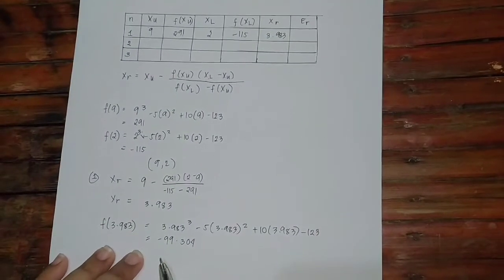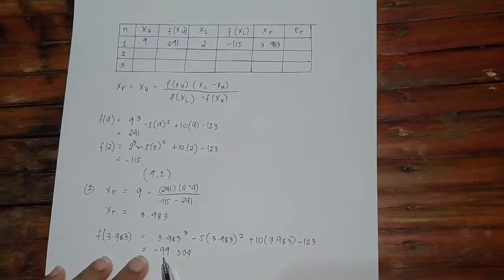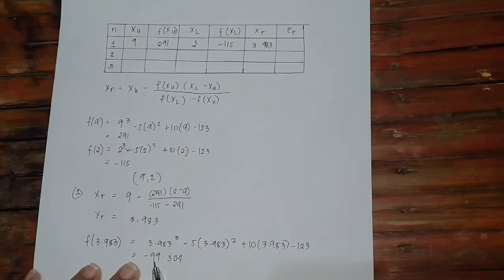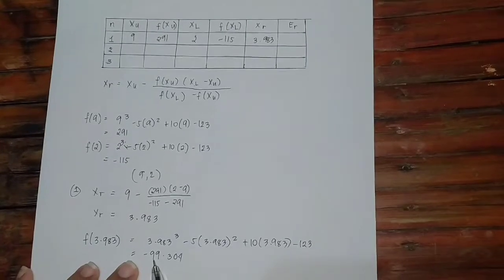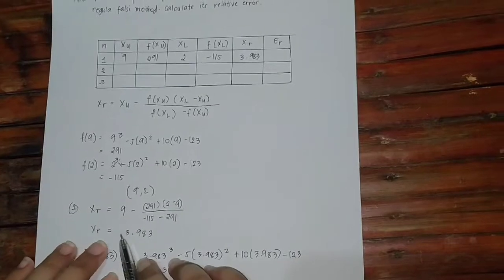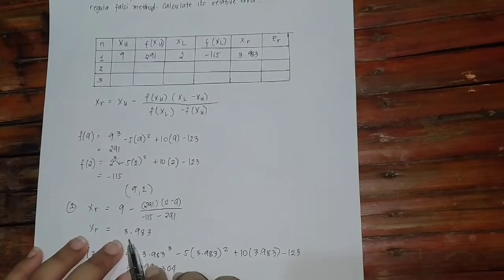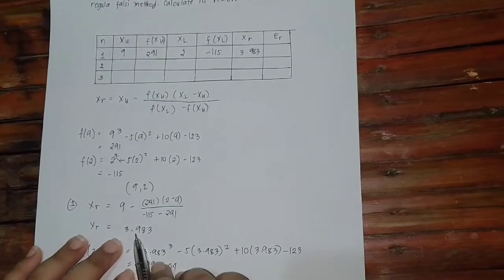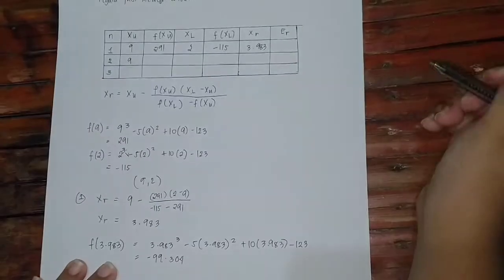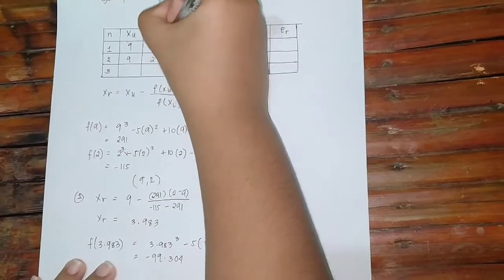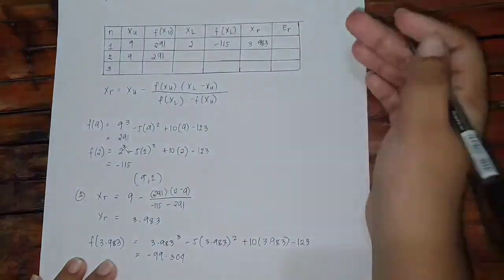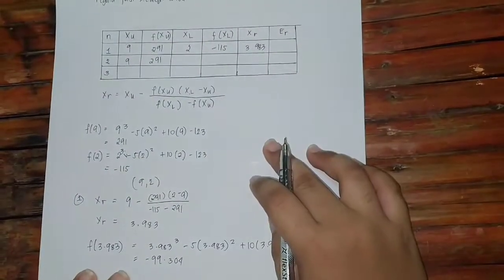Now, since the value of f of 3.983 is negative, the new x of l will be 3.983, and the x of u will still be the number 9, and the f of x of u will still be 291.